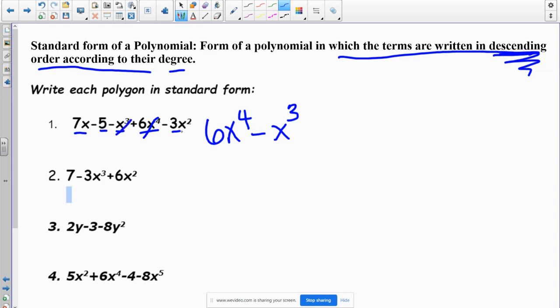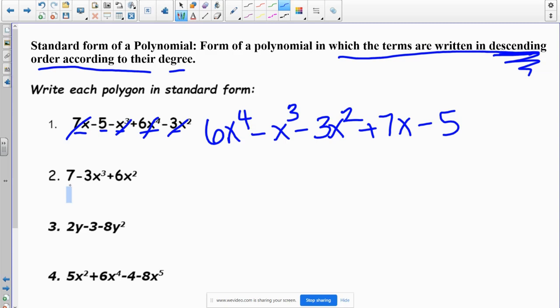Our next term would be squared, it looks like. So that's a negative 3x squared as a term. And then we have the 7x, that's a positive 7x. And then we have the negative 5 at the end. So that's what standard form looks like. It's the highest term first, written in descending order according to their degree. So 4, 3, 2, 1, and 0.